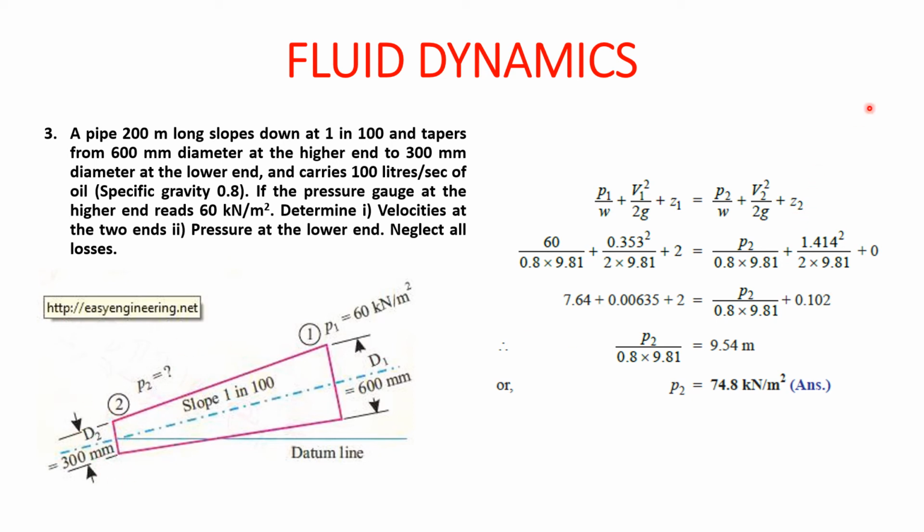When we evaluate, we get 7.64 plus 0.00635 plus 2 is equal to P2 divided by 0.8 into 9.81 plus 0.102. Taking this 0.102 to the left hand side, we get P2 divided by 0.8 into 9.81 is equal to 9.54 meters. So the final value in kilonewton per meter square, we get P2 is equal to 74.8 kilonewton per meter square. So this is the solution for this problem.